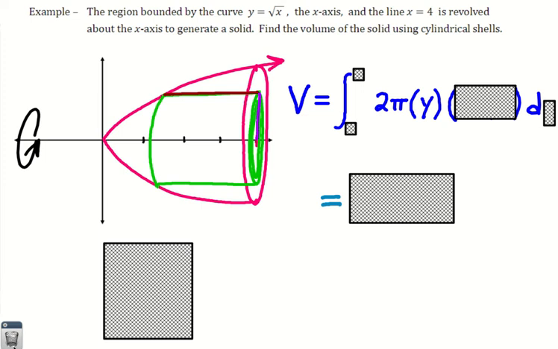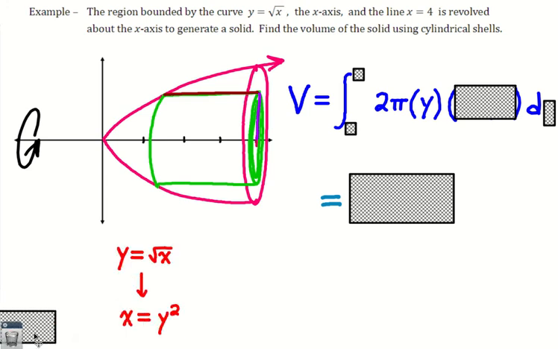And how are we going to describe the height? This brown line segment, right? It's not going to be the function, because root x is from here to here. If I solve this function for x like this, now I can describe from the y-axis to the curve.